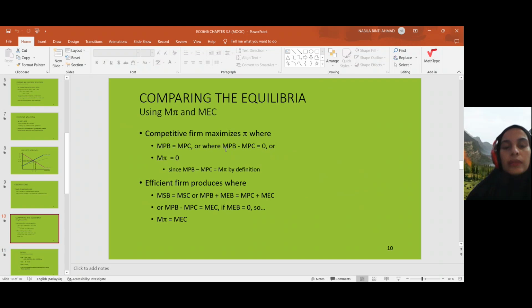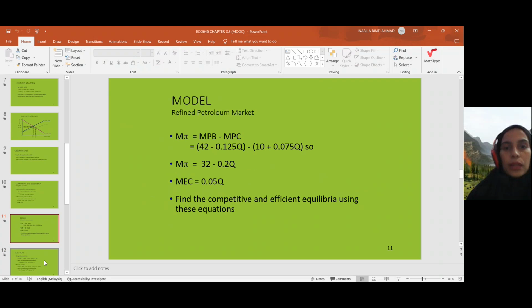And when we compare the equilibria, a competitive firm will maximize profit where marginal private benefit minus marginal private cost gives marginal profit. An efficient firm produces where marginal social benefit equals marginal social cost, and marginal profit will equal marginal external cost, right?